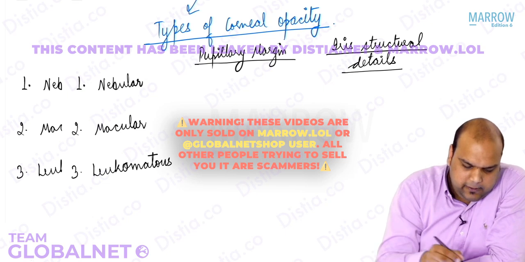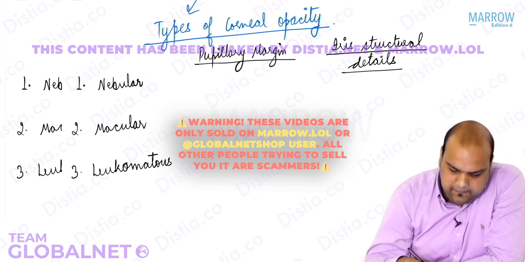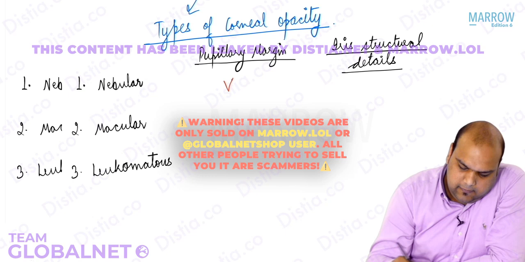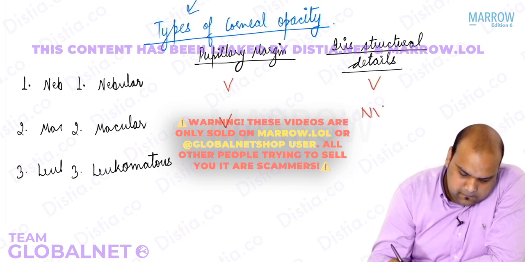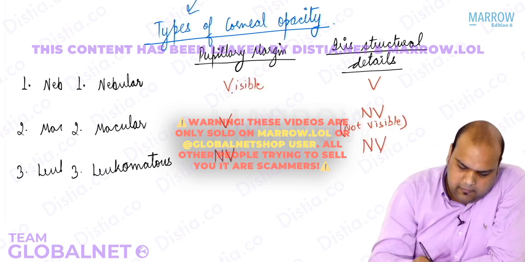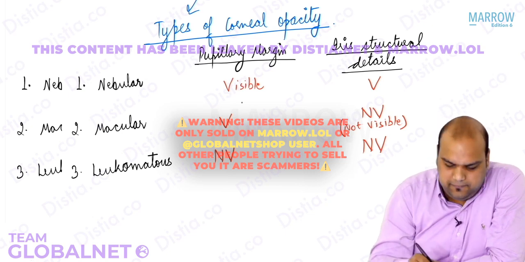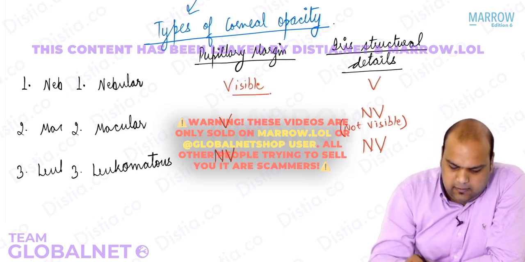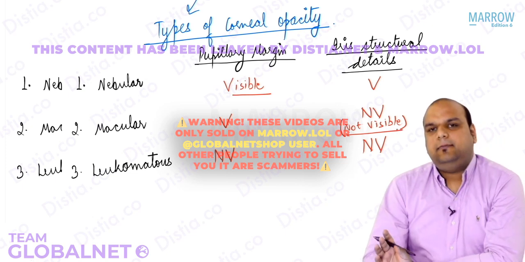I'm just completing the table, then I'll make you understand, guys. Just complete your table, guys. Basically, V is for visible and NV is for not visible. Simple.